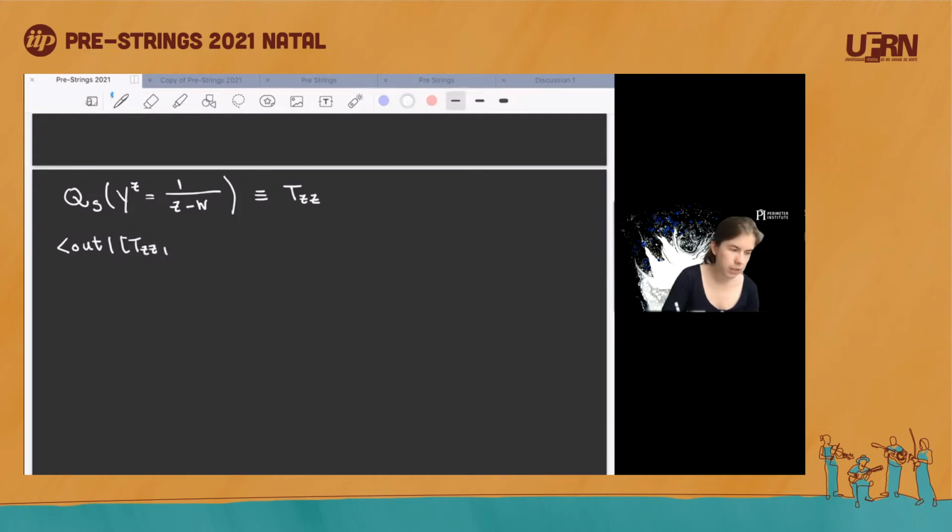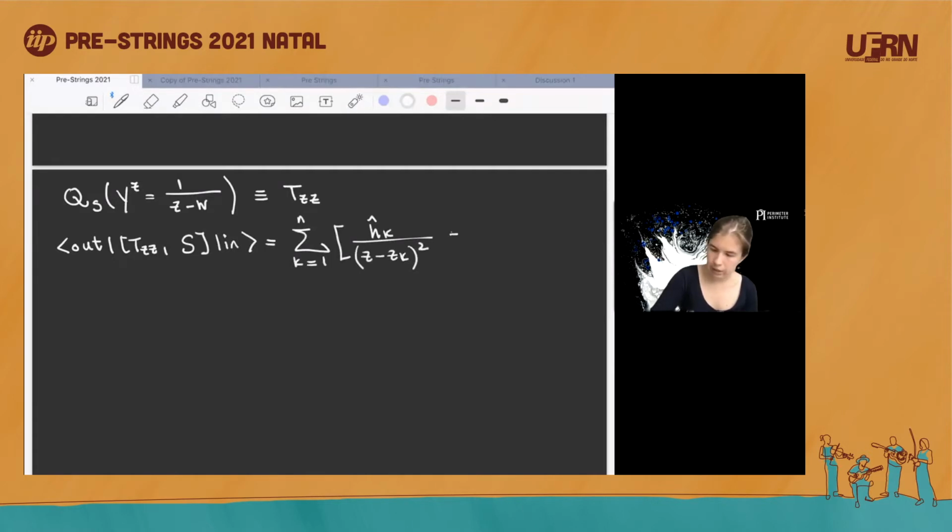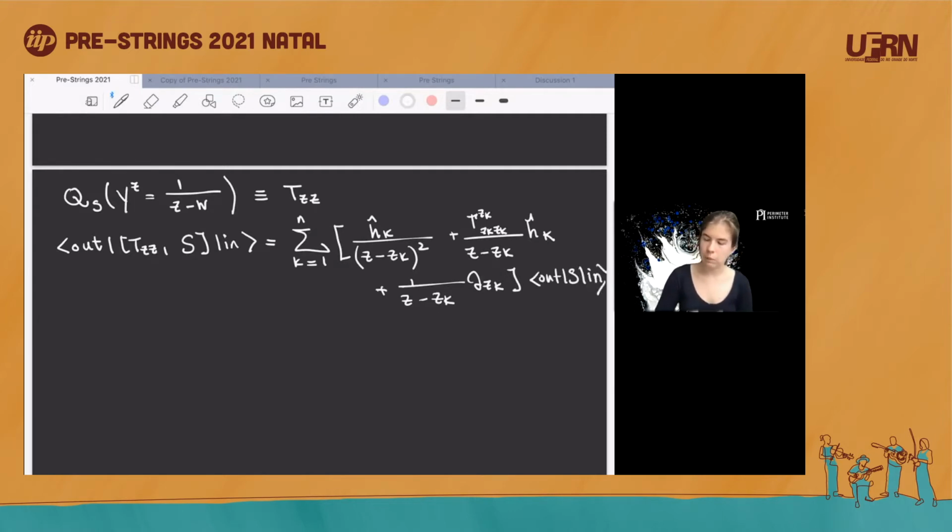You have the commutator of this T_zz operator with the S matrix equal to the sum over k ranging from 1 to n of h_k divided by (z minus z_k) squared plus gamma_zk, z_k divided by z minus z_k, h hat_k plus 1 over z minus z_k, d_zk, acting on the S matrix without this insertion.